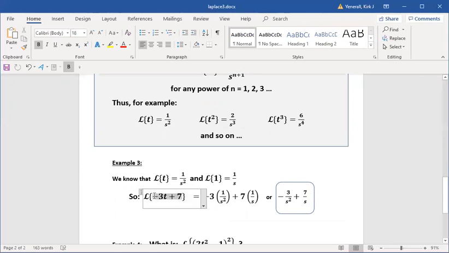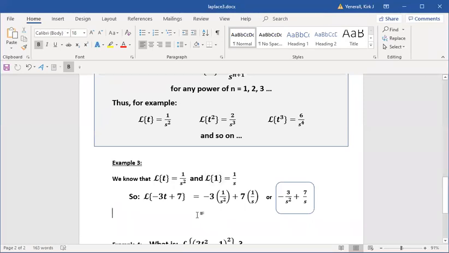Suppose we wanted to know what is the Laplace transform of minus 3t plus 7. Well, that's the same thing as minus 3 times t plus 7. And since we know what the Laplace transform of t is, it's 1 over s squared. And since we know what the Laplace transform for the constant 1 is, it's 1 over s.